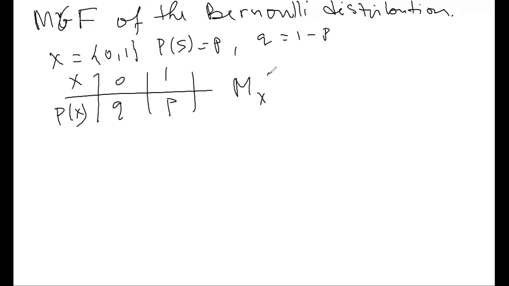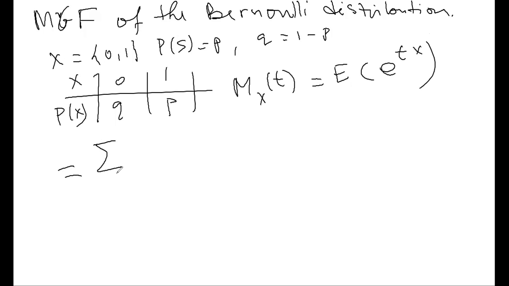So the moment generating function of x will be E of e^(tx), which is equal to, when t equals 0, e^(tx), a transformation of x by exponential. e^(tx) here will be, when x equals 0, e^(t0), which is 1.